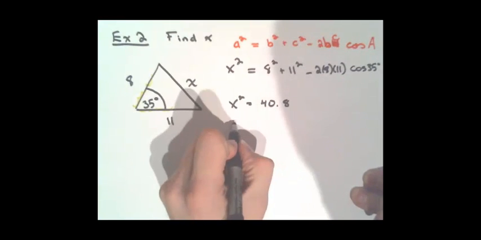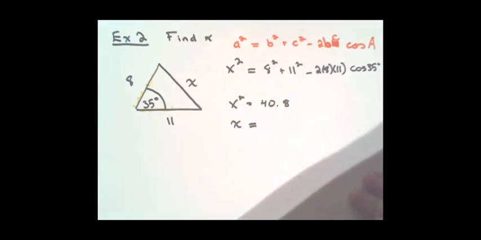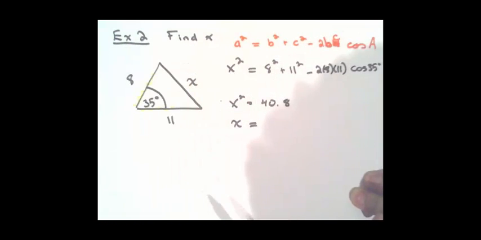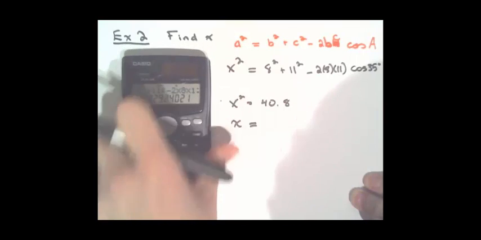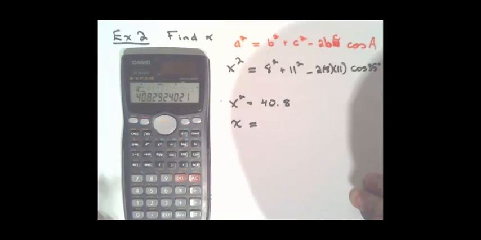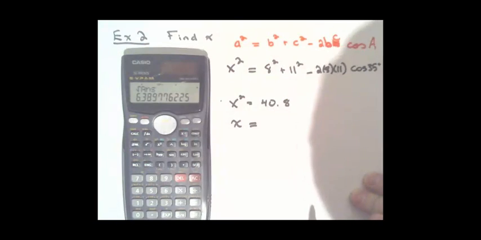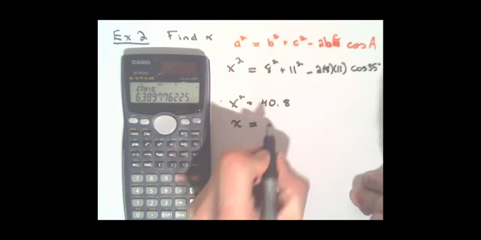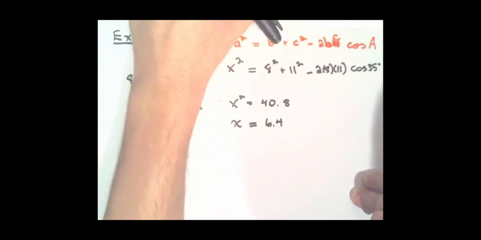Then you just need to square root that, and as I said in the earlier example, we would skip showing that because to get from x squared down to x you have to square root, which means you're square rooting 40.8. Okay, so I'm just going to hit my square root button, and I get 6.38. Why don't I go to one decimal place? And I get 6.4 as an answer for x.